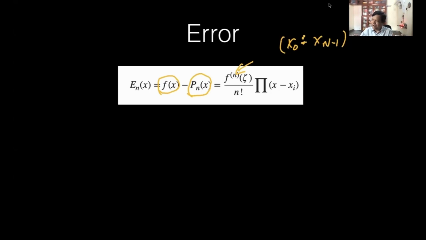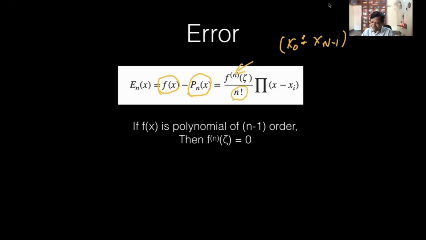This theorem does not tell you exactly how to find zeta, but there is a zeta in between at which you need to compute the derivative, divided by factorial n, and multiplied with the product of x minus xi. So it's a product of n terms: x minus x0, x minus x1, x minus x2, and so on, up to x minus xn minus 1. Now this derivation I'm not doing, but just believe me that this is the case.